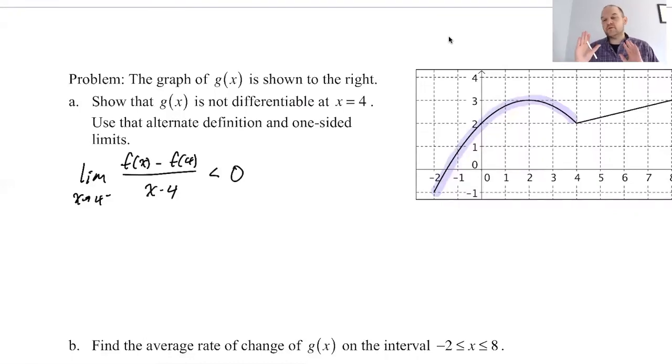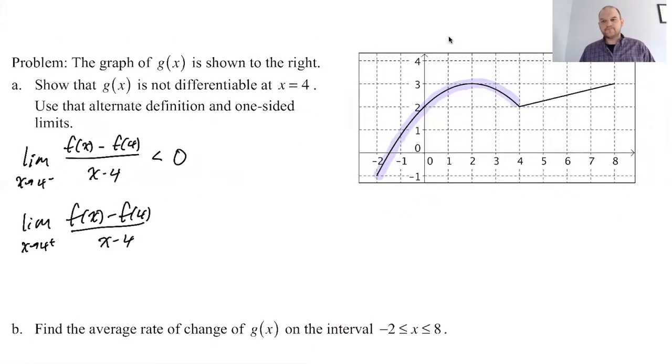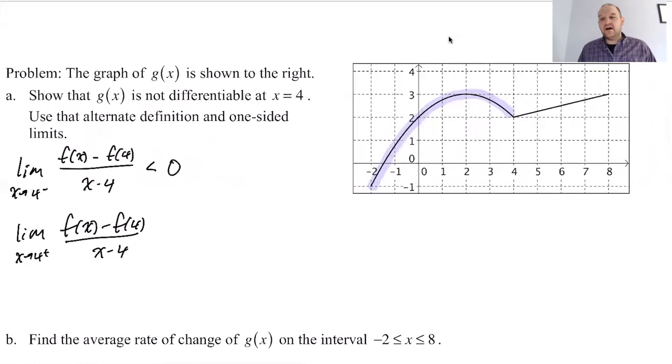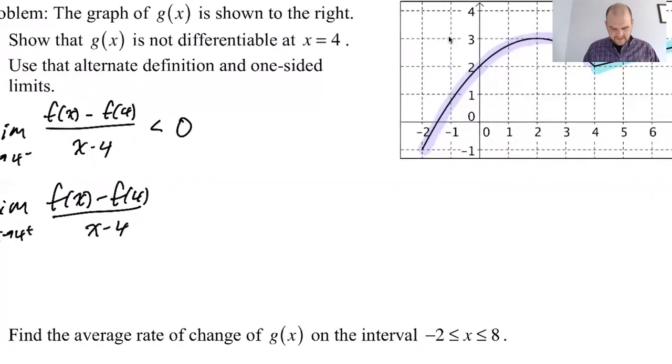Okay, and we're in luck because the other limit, when we approach from the right, the limit as x approaches 4 from the right of f of x minus f of 4 over x minus 4, is positive. And we can work it out. We're on this branch of the function now. You go up 1, you go over 4, so it's 1/4. So this is actually equal to 1/4.